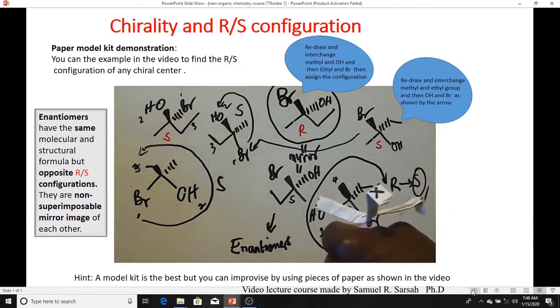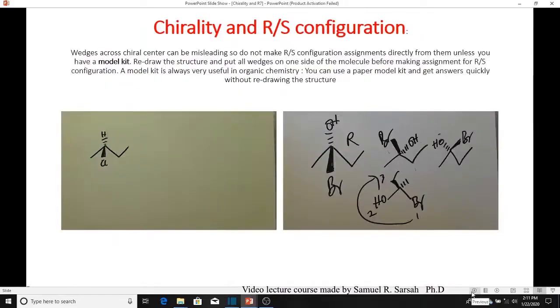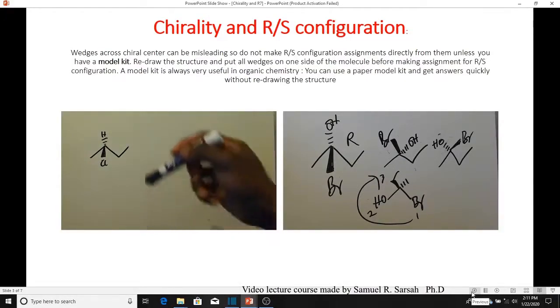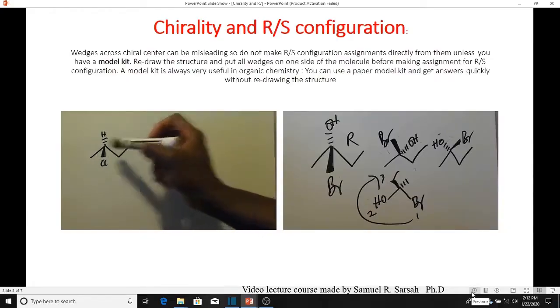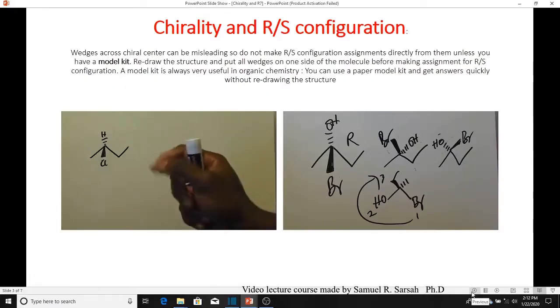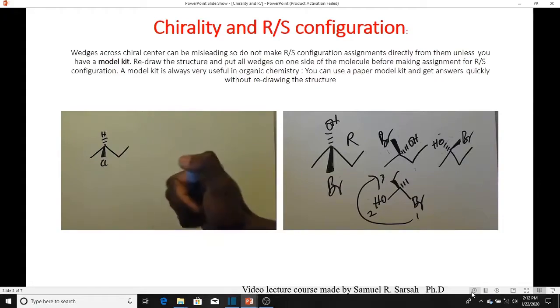You can do the same thing for this one. Sometimes you'll come across a structure that looks like this. This situation is very confusing to a lot of students.